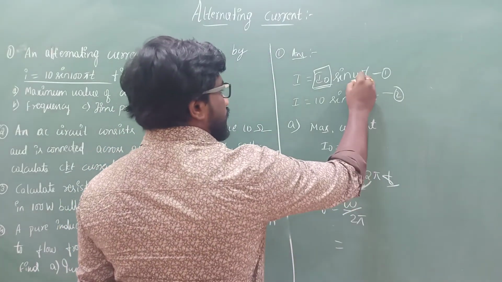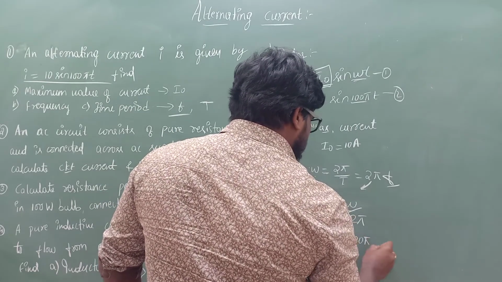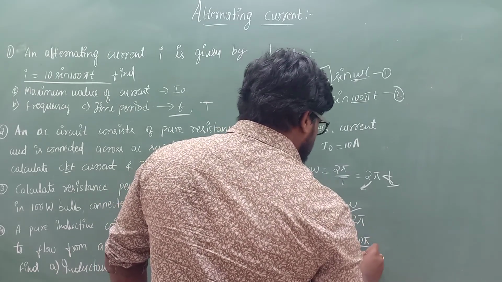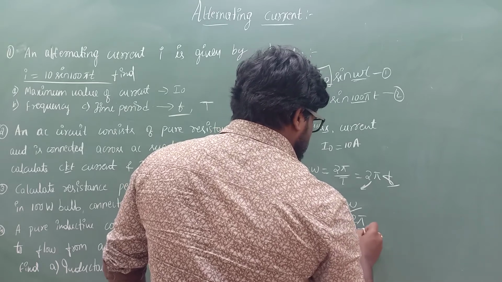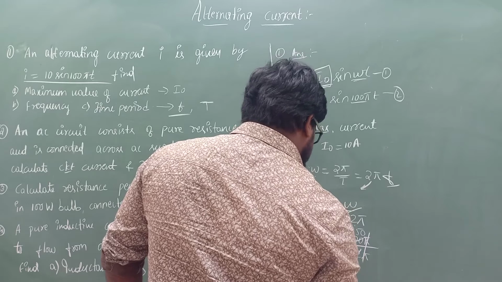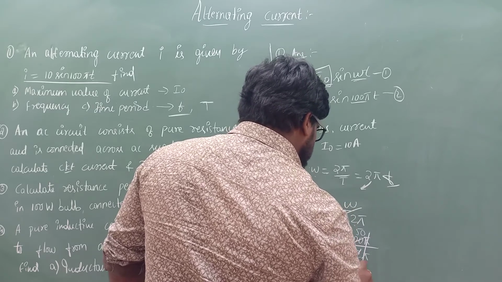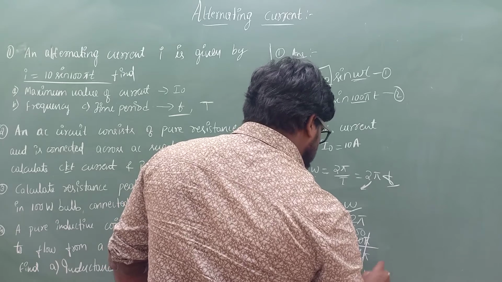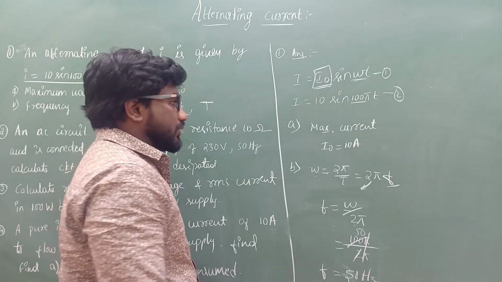Omega value here is 100 pi, divided by 2 pi. Pi gets cancelled, 2 fives are 10, 2 fifties are 100. So the f value you will get is 50 hertz. That is the frequency.